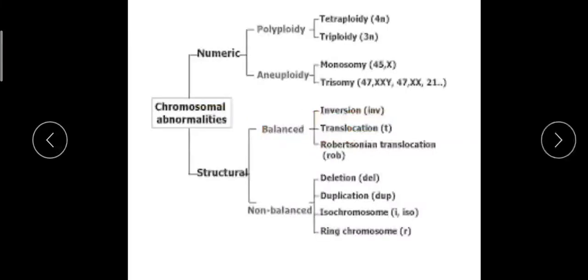In the previous video I also mentioned the reason for this ploidy change, that is non-disjunction, and I hope you are clear with that also. Now you are ready to move on.